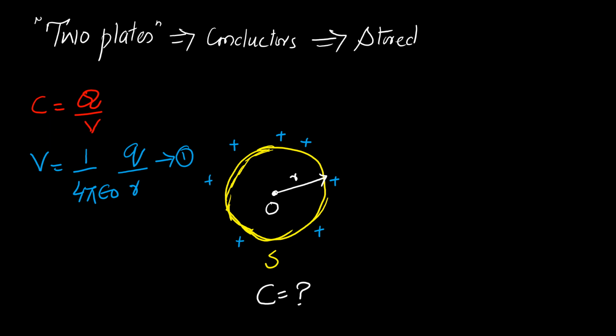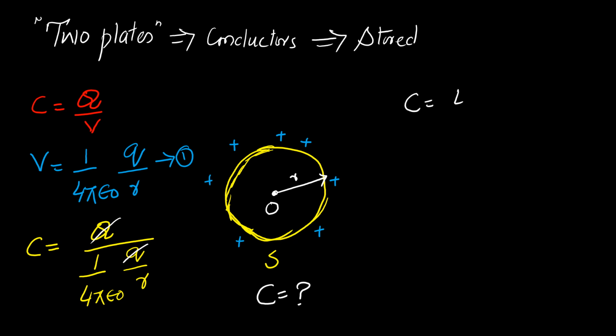If we incorporate this equation 1 in equation of capacitance, we get that capacitance C is equal to Q divided by 1 over 4 pi epsilon naught into Q divided by R. So this Q will be cancelled with this Q, and we get capacitance as C is equal to 4 pi epsilon naught into R.